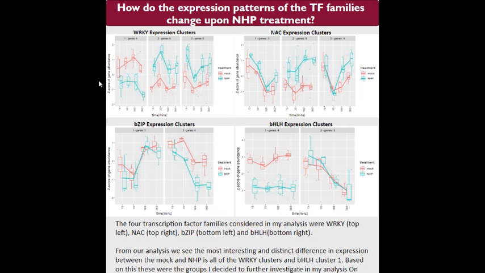As we can see, cluster 1 of the WRKYs were significantly downregulated in our NHP genes, while they were upregulated in cluster 2 and cluster 3 of our WRKY genes. And then we can also see that in our bHLH cluster 1, we have a significant downregulation of this gene family in our NHP treated group.